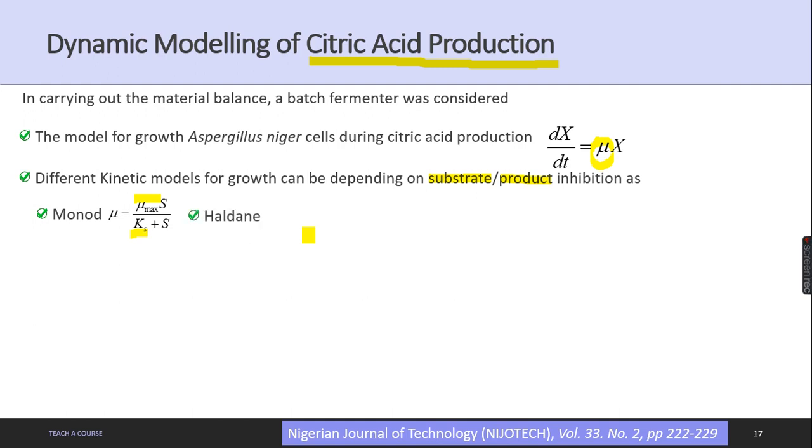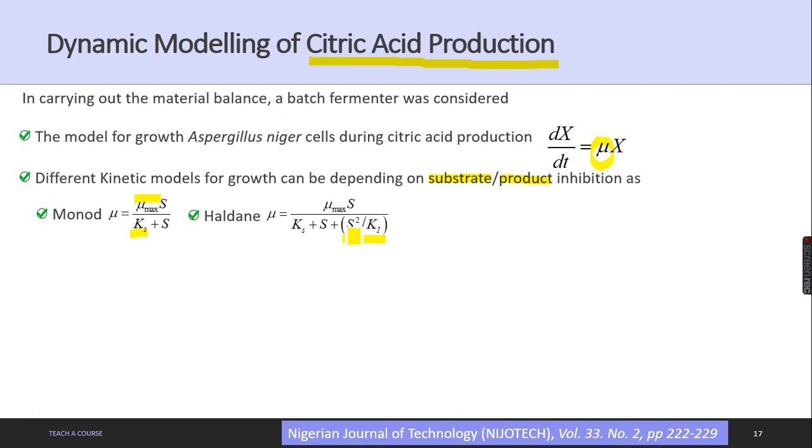Next is the Haldane kinetic model, again for mu, and you can see it is very similar, but they also assume some extent of substrate inhibition. The substrate inhibition term can be placed in the denominator as s squared by ki.